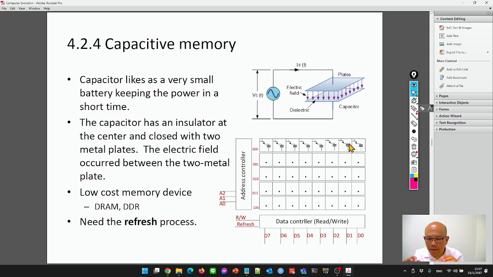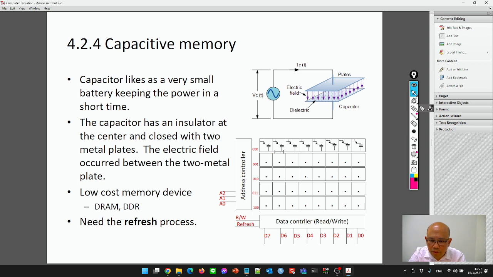When you charge power to a battery, the battery keeps the power for some time, and the voltage will last until it is lost before falling below the threshold of 1 or 0. This is a recharge. That is called the refresh.